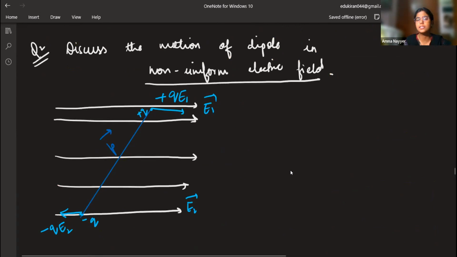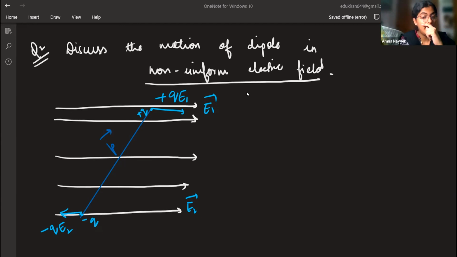See, if it is a non-uniform electric field, so it means at the end of one charge, you'll be having electric field some E1. At the end of another charge, you'll be having electric field E2. So your force 1 will be QE1, force 2 will be QE2, right? So F net, now this time, this won't be plus QE minus QE, right, class?